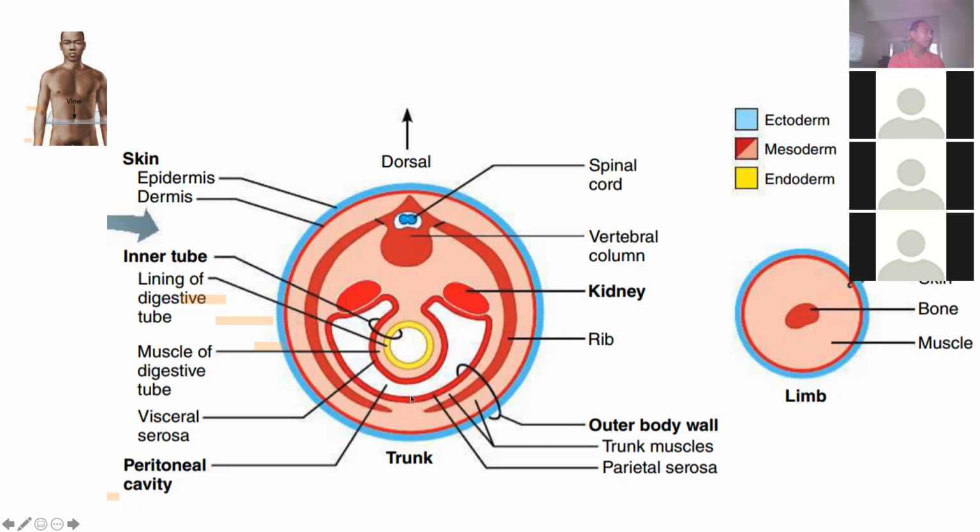And the inner tube, look at the lining of the inner tube, which is the endoderm, the lining of which will become the lining of the gastrointestinal tract. Right, so now we have a little baby, by folding right and left, folding top to bottom. We create two tubes, one big tube outside and a small inner tube.